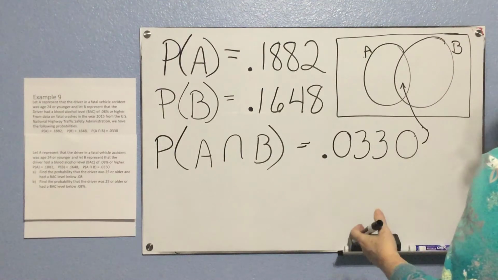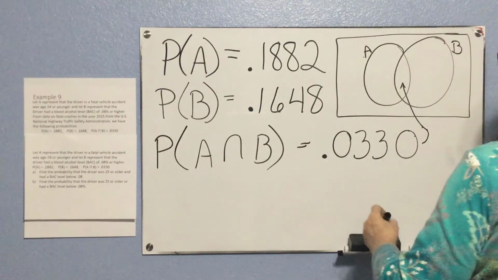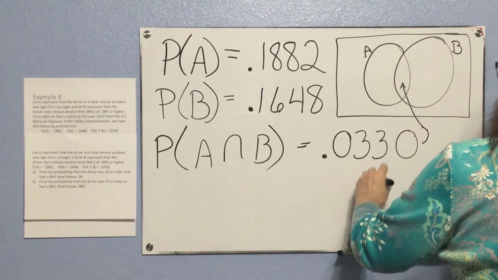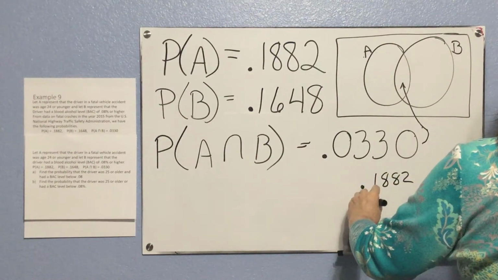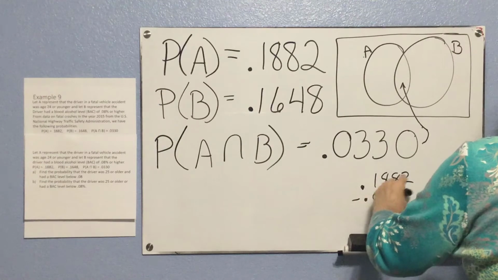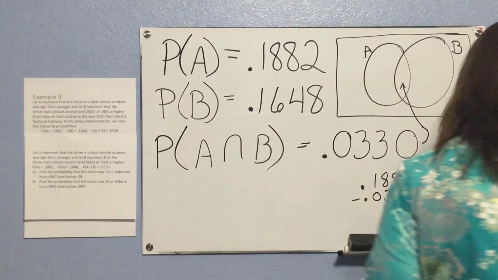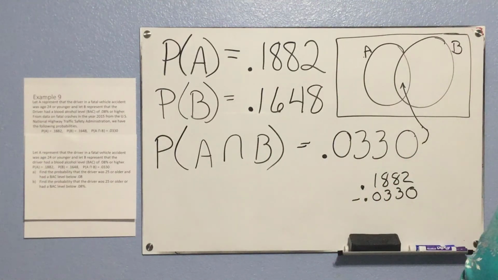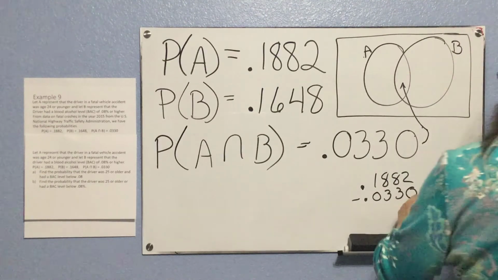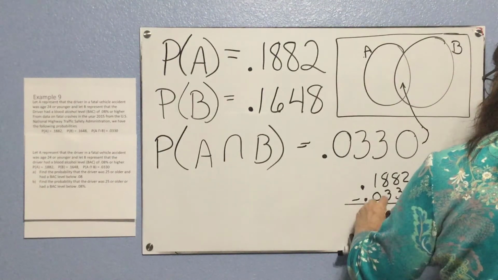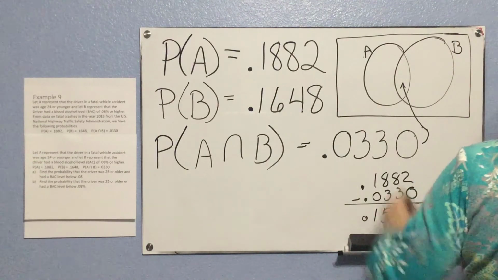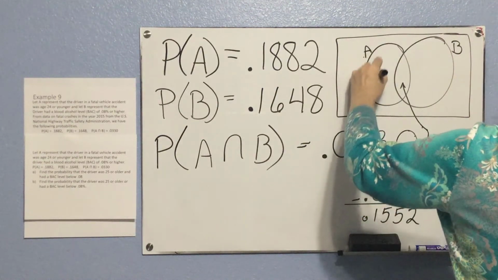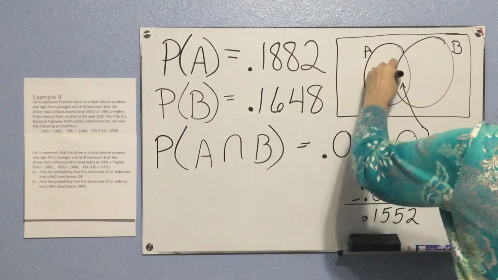And then the part of A that doesn't include this would be 0.1882 minus 0.0330. So 0.1552. So this is 0.1552.